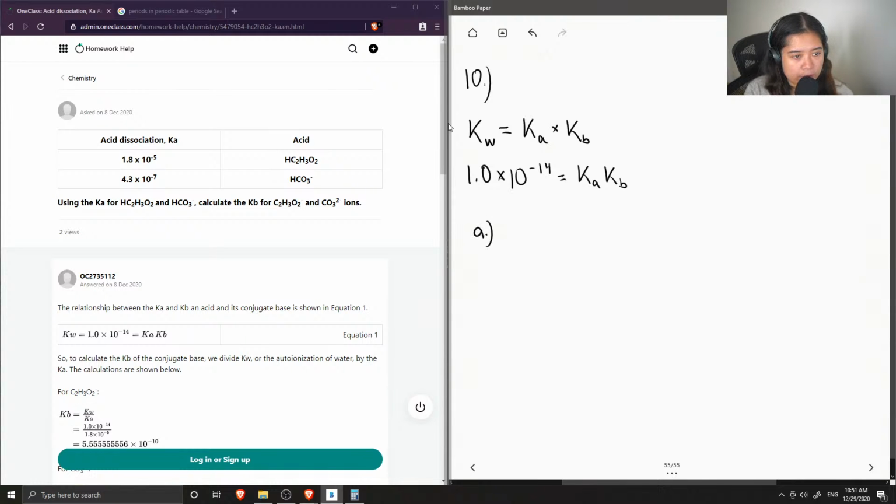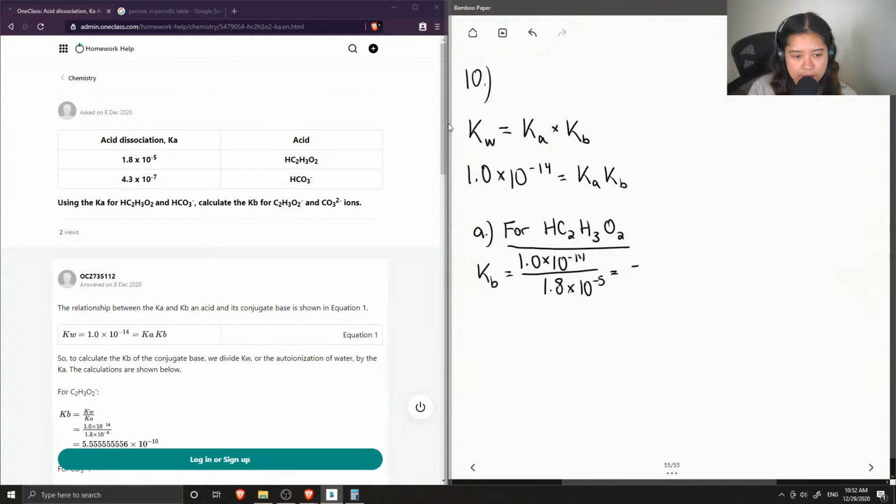So it's pretty straightforward. So let's look at A first. For the first acid, Kb, I'll just rewrite the equation, is equal to Kw, which is 1.0 times 10 to the negative 14, divided by the Ka value, which is 1.8 times 10 to the negative 5.